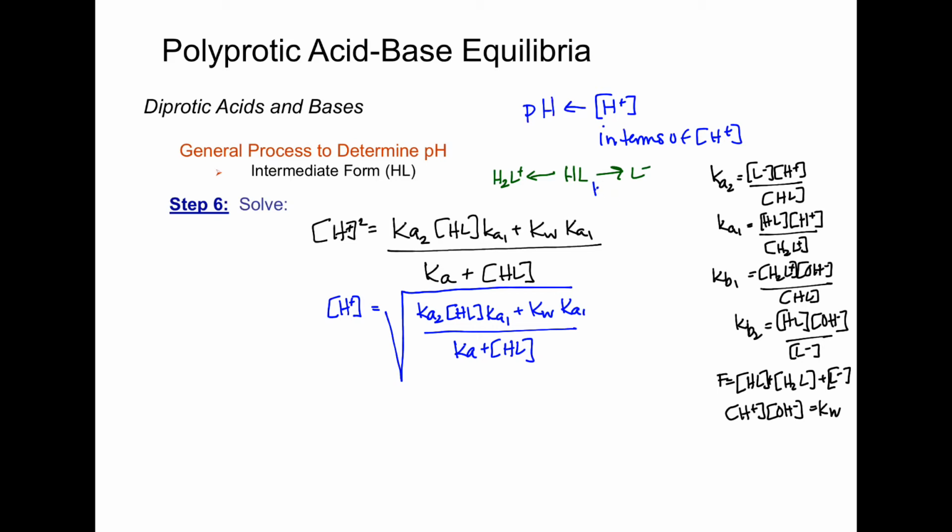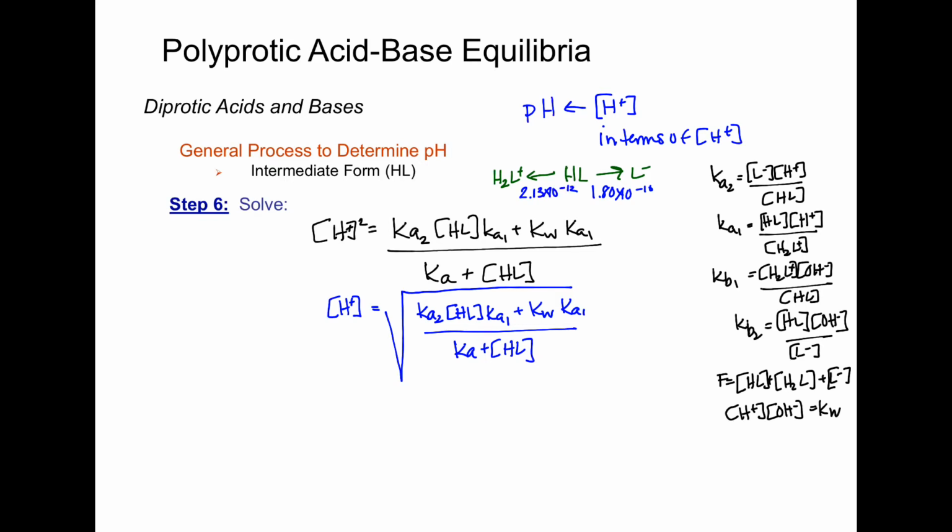So acting as an acid, the K for that was 1.8 times 10 to the negative 10. And then if it was acting as a base, this acting as a base means it's going to get a hydrogen ion, so that's going in this direction. And it acting as a base would be the Kb2, and that was 2.13 times 10 to the negative 12th.